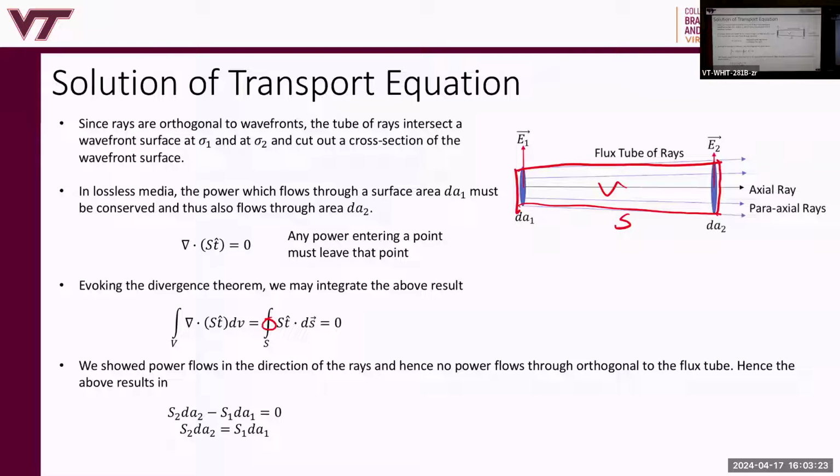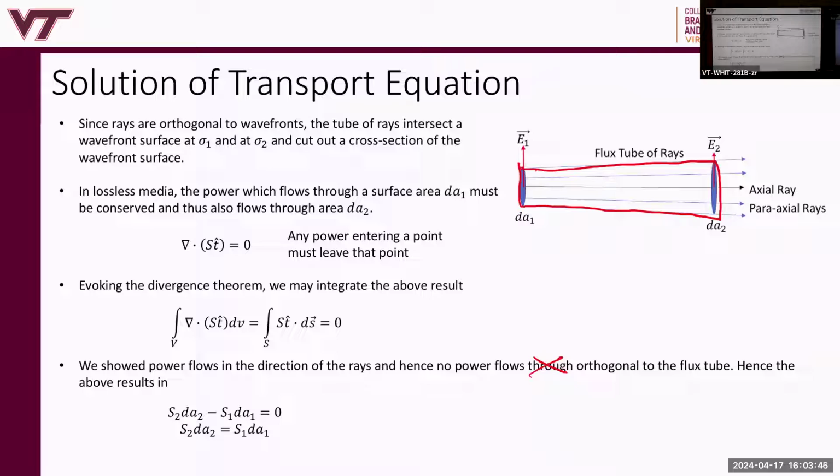All right. We showed power flows in the direction of the rays, and hence no power flows orthogonal to the flux tube, right? Hence the above result. That means the contribution from the sides of this sort of conical shaped cylinder, the flux out of the sides, is 0.